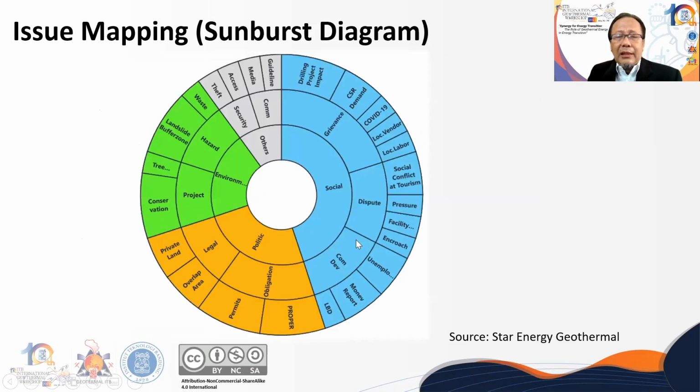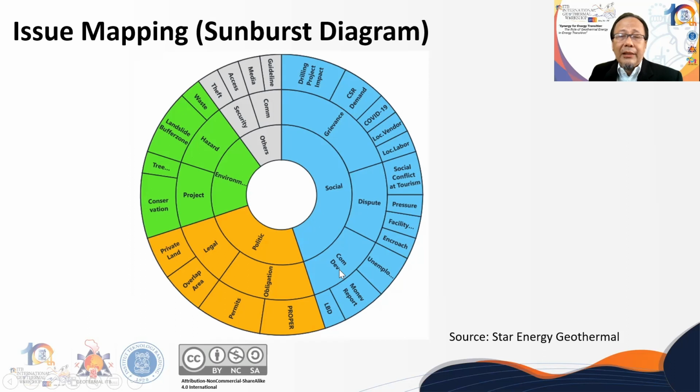This is another method to map the issue, based on the sunburst. If you see the big area, it means it has a big impact compared to the small area. So we can see how we differentiate and prioritize.